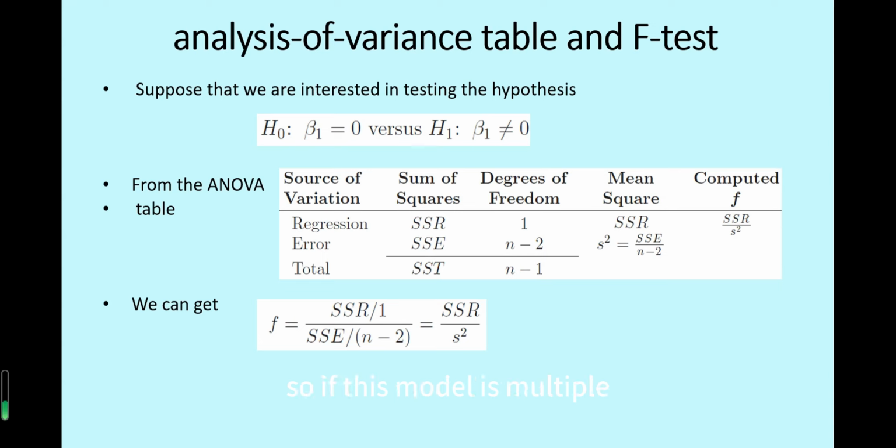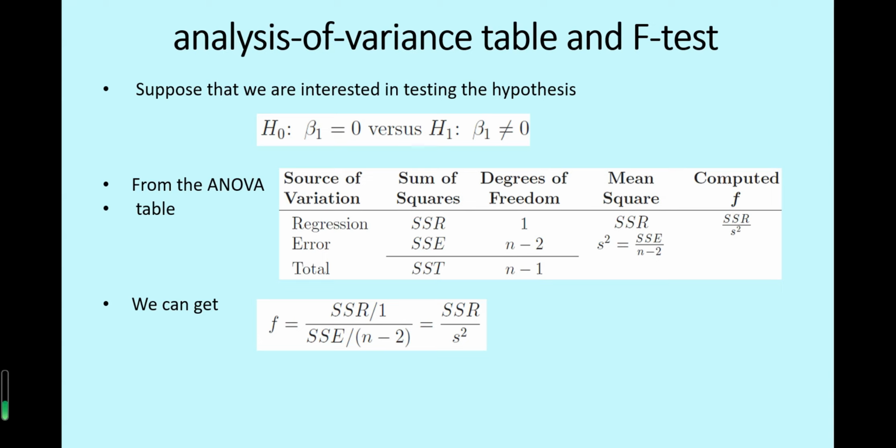If the model is a multiple linear regression with more than one independent variable, the F-test approach, or analysis of variance approach, can also apply. It tests whether the combination of these independent variables has explanatory power for estimating the dependent variable. This is a common summary for the F-test.